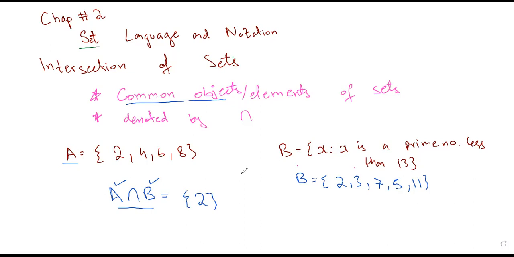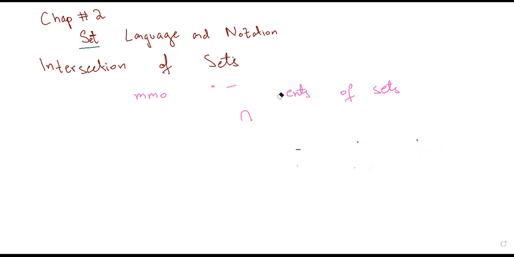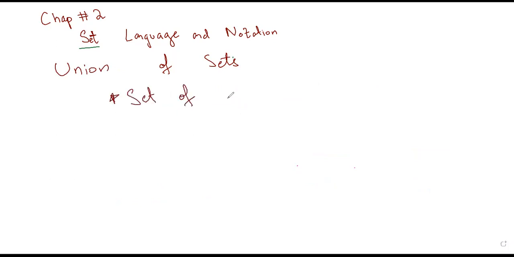Now if I talk about union, union of sets, we say set of all elements in the given sets.